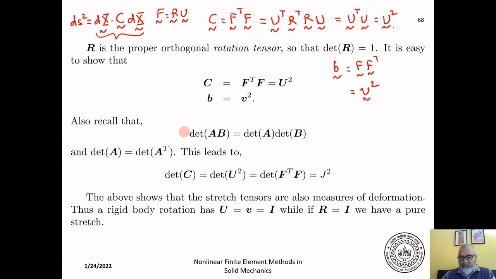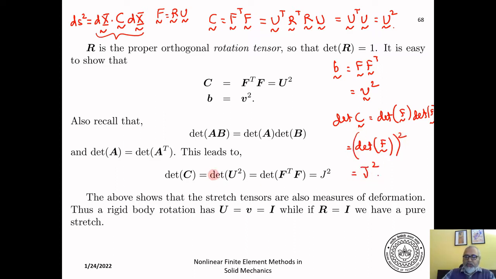So these two results will be necessary to prove what we want to prove. Then determinant of C is determinant of F and determinant of F transpose, but these are the same. So this is determinant of F squared, which is equal to J squared. So determinant of C is equal to J squared.